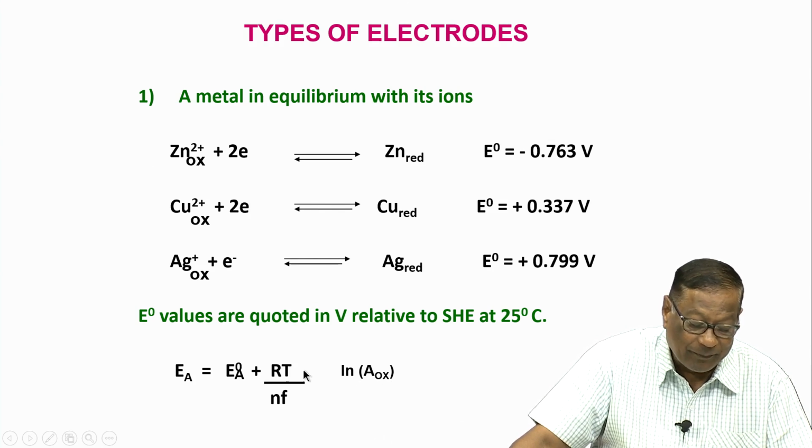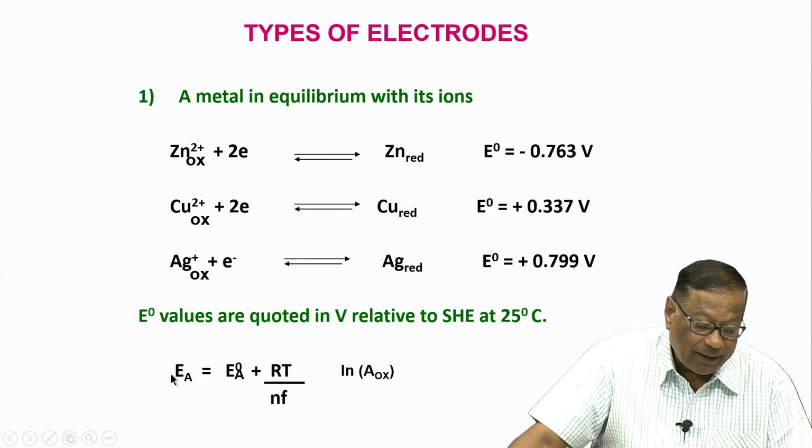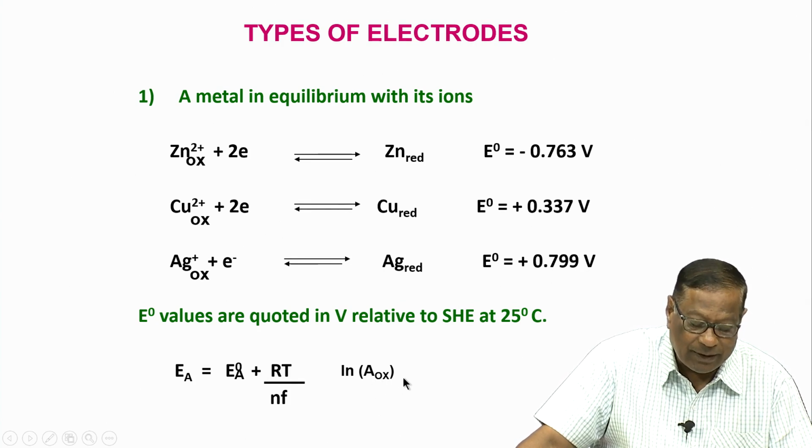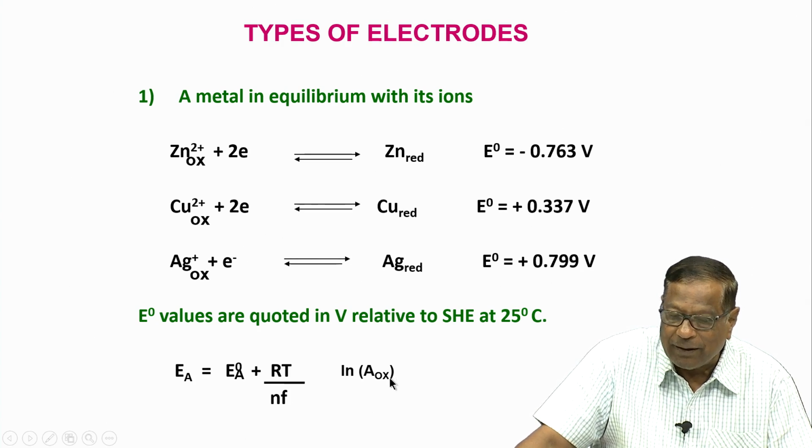in solution. So, what does it mean? The actual potential you get when compared with the SHE is nothing but the standard reduction potential plus RT by nF ln of the concentration. I am not writing activity now. Actually I should write activity, but activity and concentration are almost the same if the solutions are dilute.